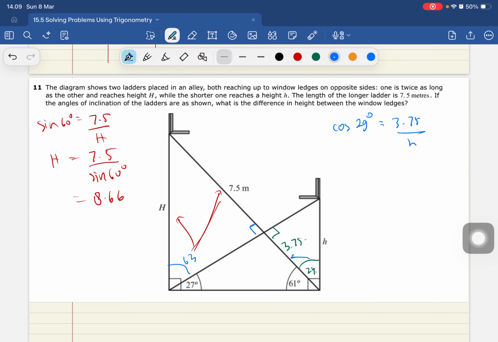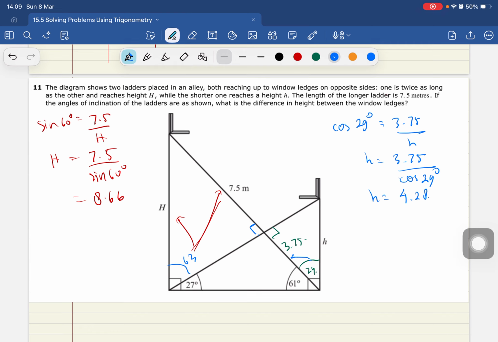We divide by the height, so the height is going to be 3.75 divided by cos 29 degrees. Using a calculator, 3.75 divided by cos 29 degrees is going to be 4.28.